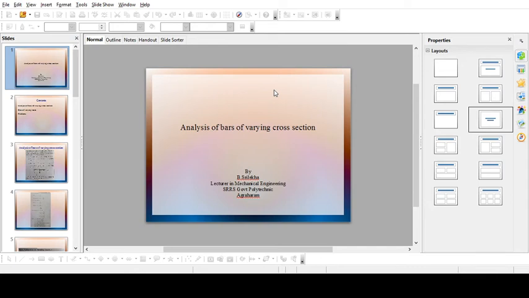What must be the diameter of the middle portion if the stress induced there is 215 Newton per mm square, and also find the total extension of the bar. Now take E value is equal to 2.06 into 10 to the power of 5 Newton per mm square.